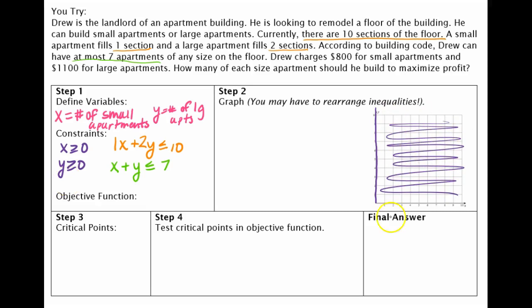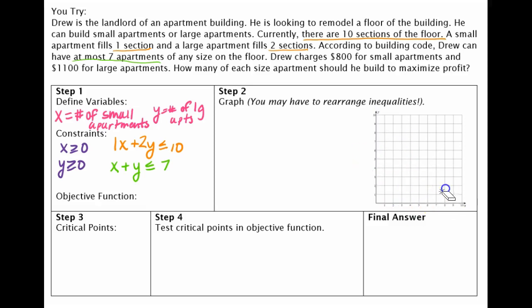If I graphed y is greater than or equal to 0, it would be this here, and I would shade everything above. So basically those two inequalities limit us to quadrant 1. So even though they're necessary to write as part of our constraints, they aren't exactly necessary for us to graph. So I'm going to erase them because otherwise our graph's going to get looking kind of messy.